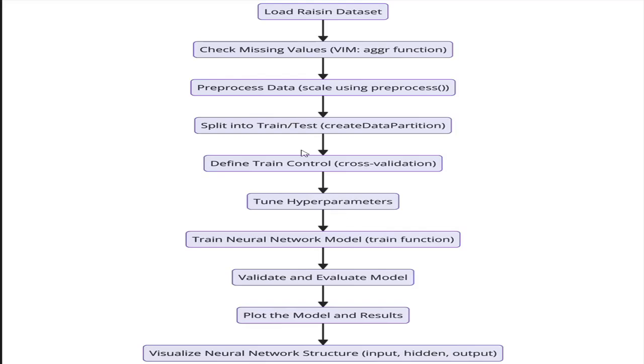Then when we have defined all these things, we'll train the neural network using that train control and hyperparameter tuning. After training, we'll validate and evaluate the trained neural network. We'll try to understand more about that using plot functions, then plot the model and use it for predictions also.